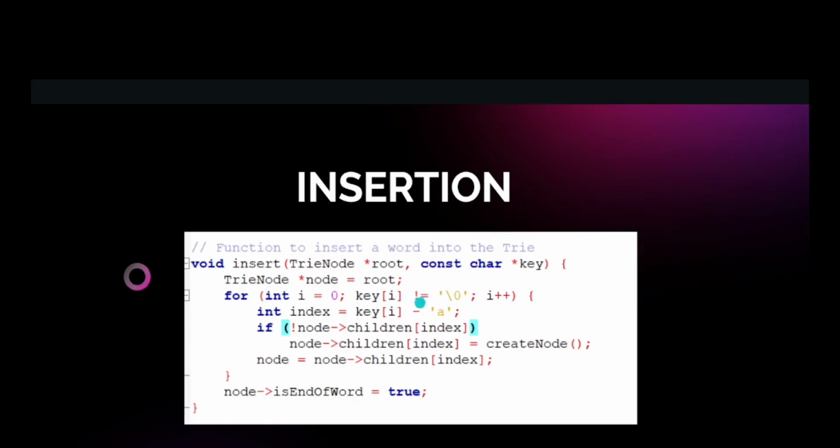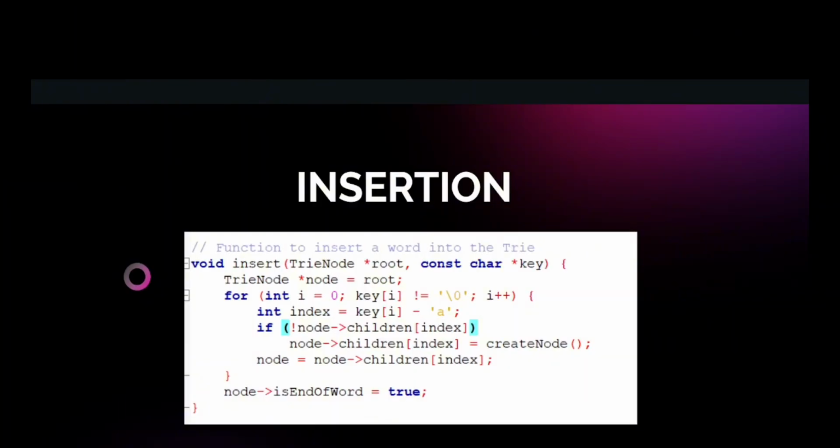Now we're going to initialize the pointer for traversal. So here it's trie pointer node equals root. We store a reference to root in node so we can traverse the trie without modifying root itself. The next step is we have to loop through each character in the word.